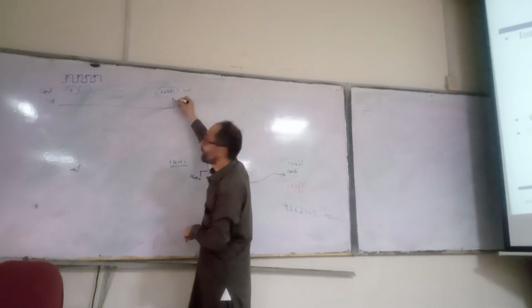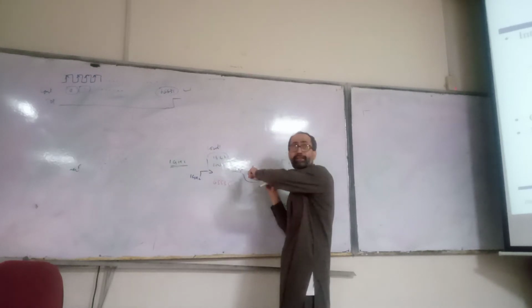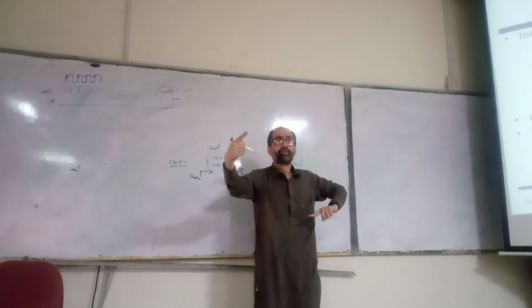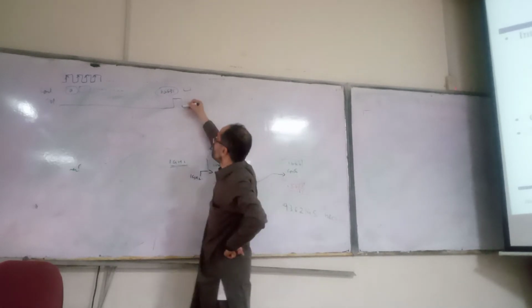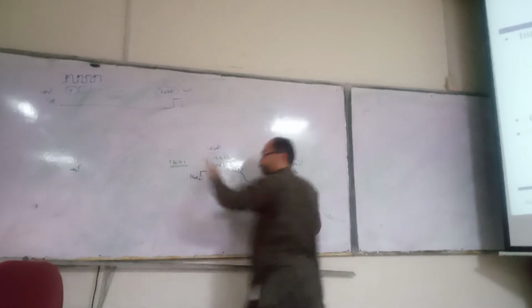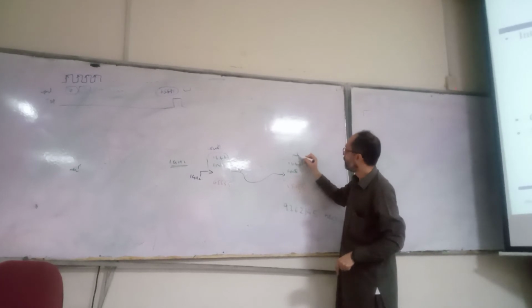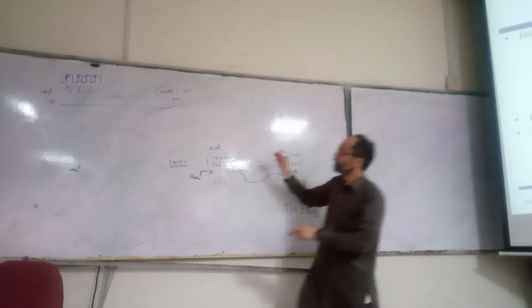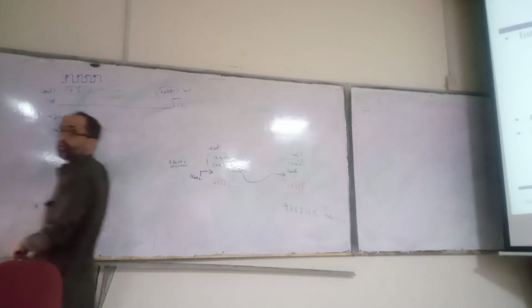Top will become 1 for one clock cycle, and then when it reaches the maximum value, it will wrap around and reset to 0, and the top signal will become 0. Now this is the input to the second counter, count 2. This is count 1 and this is count 2.